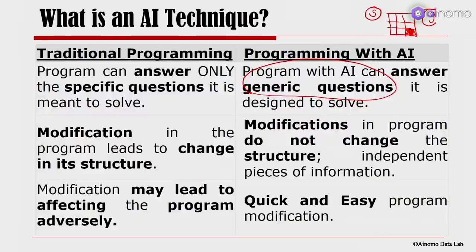The third interesting difference, therefore, flows from the second. Modification in traditional programming may lead to adversely affecting the program. Whereas here, when I am talking of a production system, or what I loosely refer to as programming within AI, modifications could be quick and easy.